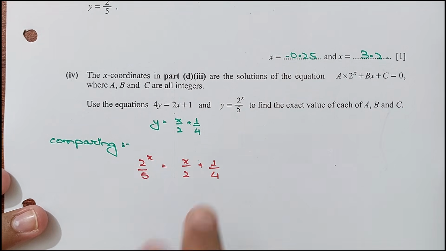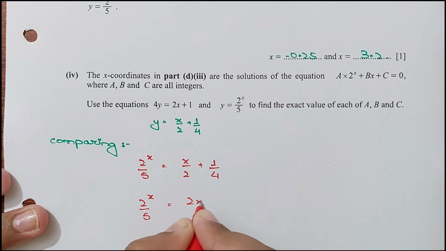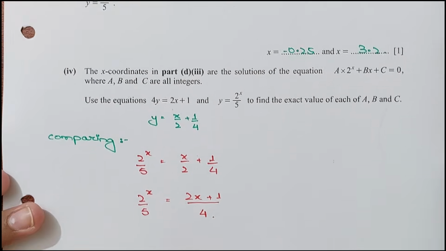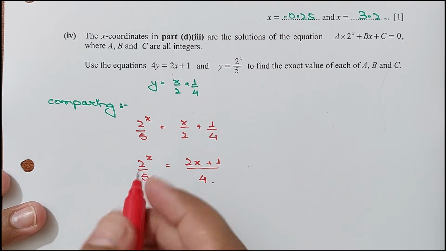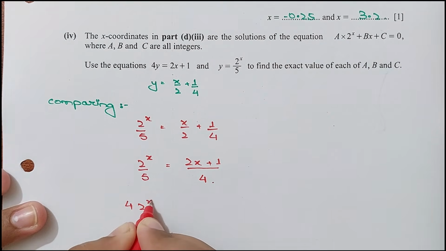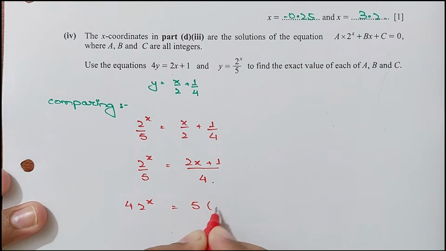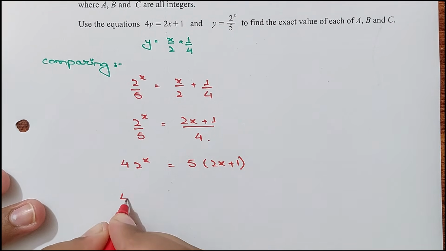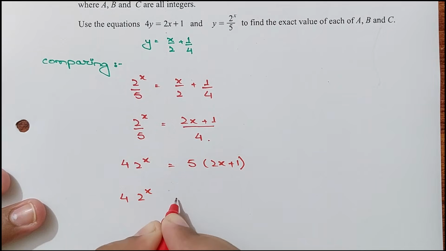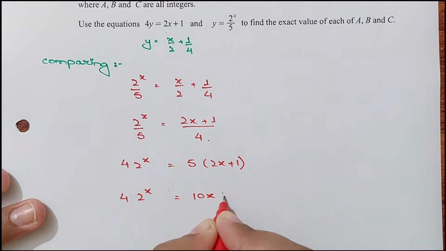Okay, now let me take 4 as an LCM. So 2^x over 5 equals 2x plus 1 divided by 4, right? Now let me do a cross multiplication. 4 times 2^x equals 5 times 2x plus 1, so 4 times 2^x equals 10x plus 5.